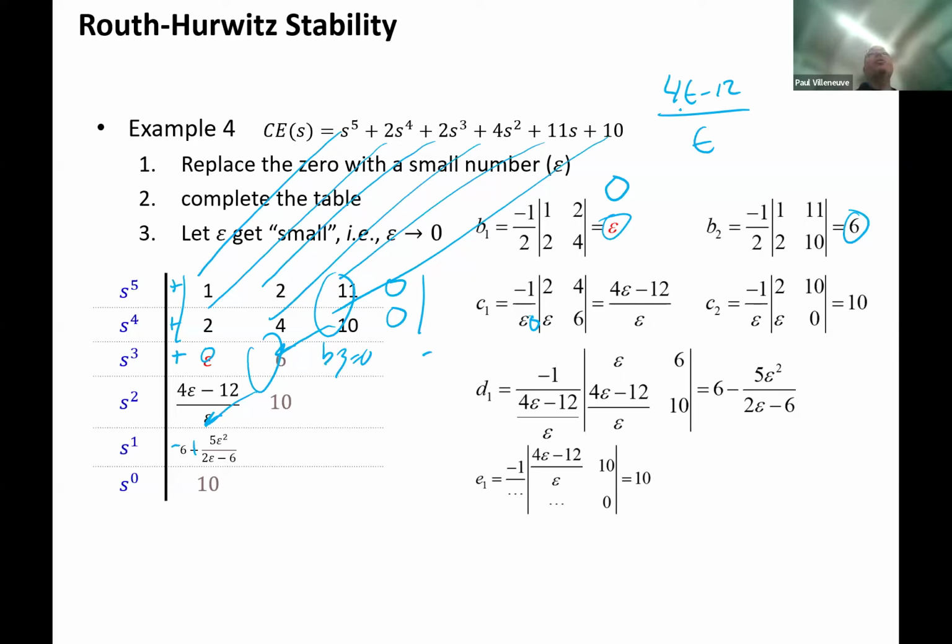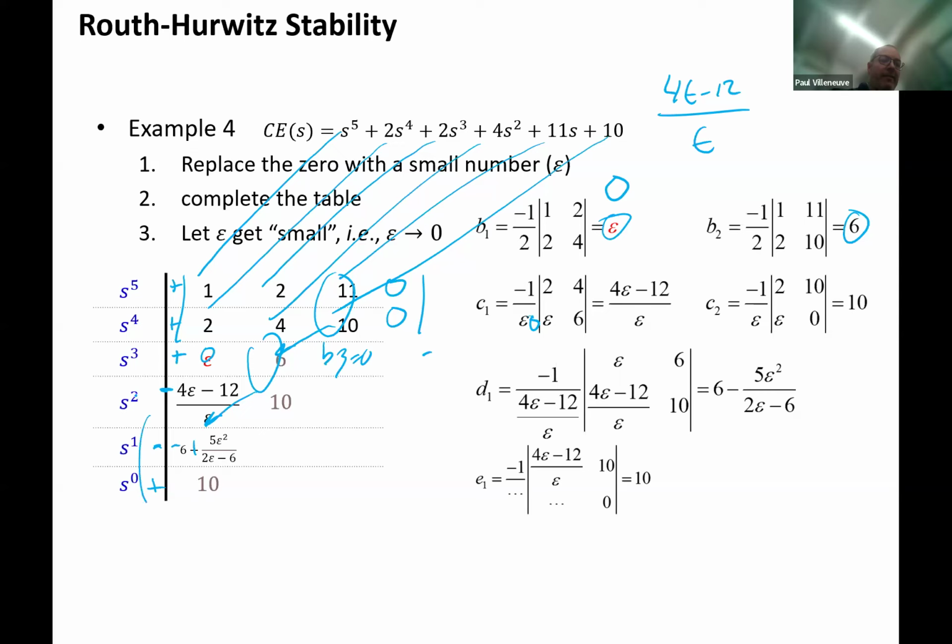Because 4E goes to 0, minus 12 becomes a negative number, doesn't it? And this one, hopefully from the same approach, 5E squared, which is 5 times 0, is going to be a positive, approaching it from a positive angle. This is going to be 0, so we have 5E squared divided by minus 6, negative number, positive. Yes, sir.